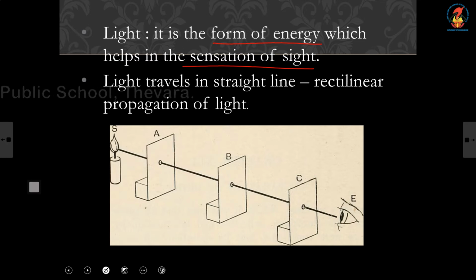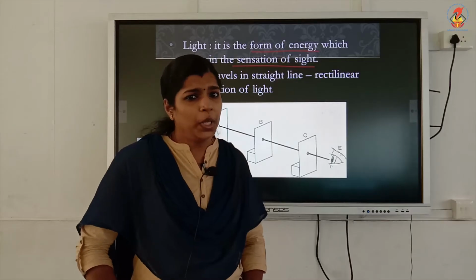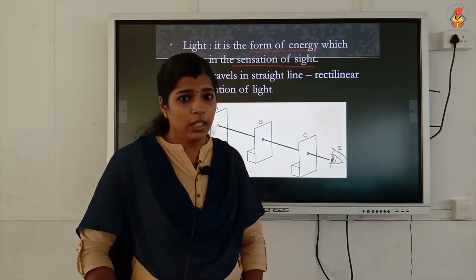Then light travels in a straight line, that is known as rectilinear propagation of light. In 6th standard we did so many activities related to this topic.